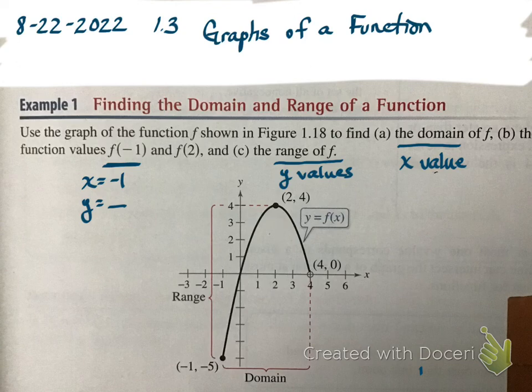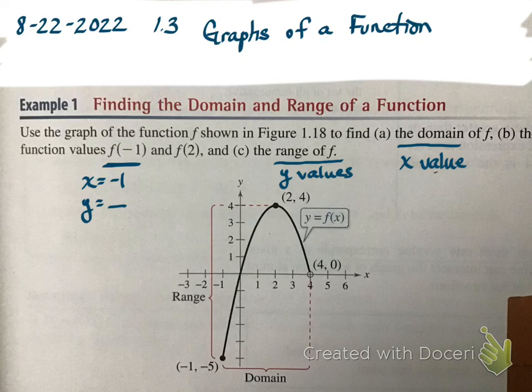So we read a function from left to right. So from left to right, we would start here. We would rise, hit that max point, and then we would decrease.